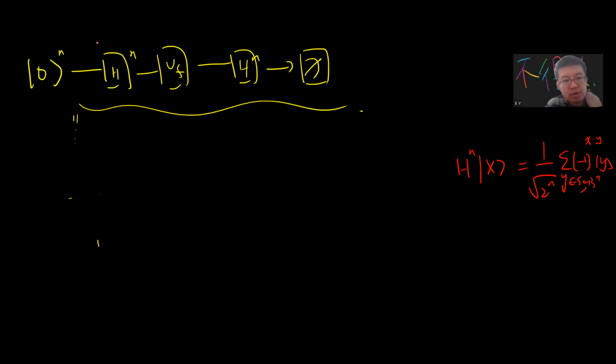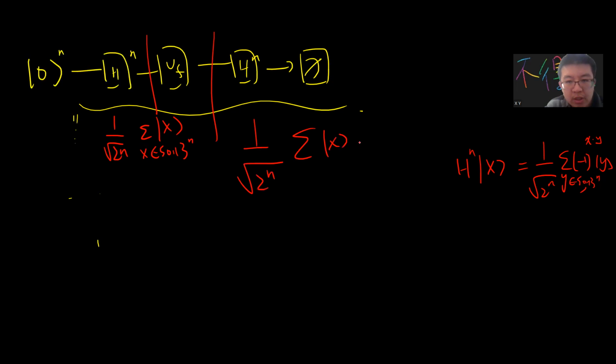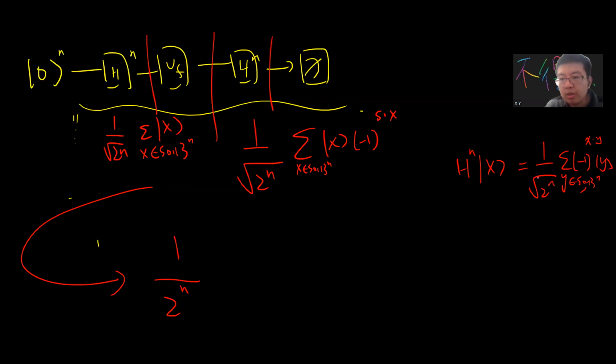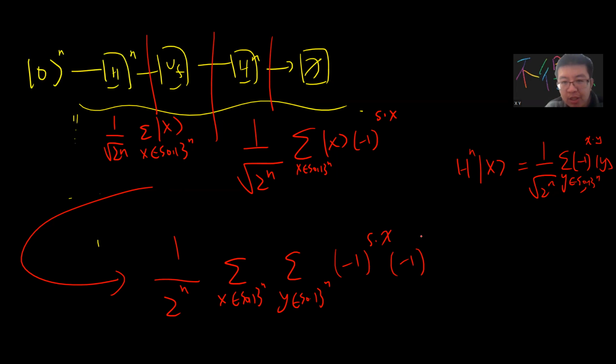Once we have this, that's enough. After the first step, the state is 1 over square root of 2 to the n, the sum over x in {0,1}^n of |x>. After UF, you get 1 over square root of 2 to the n, the sum over x of (-1)^(s dot x) |x>. After the final step, your state becomes 1 over 2 to the n, because remember there is a 1 over square root of 2 to the n here, the sum over x and y in {0,1}^n of (-1)^(s dot x) (-1)^(x dot y) |y>.